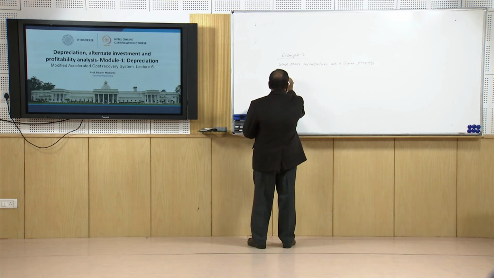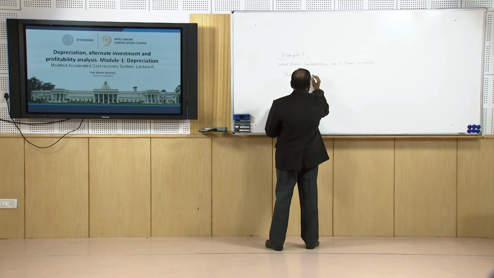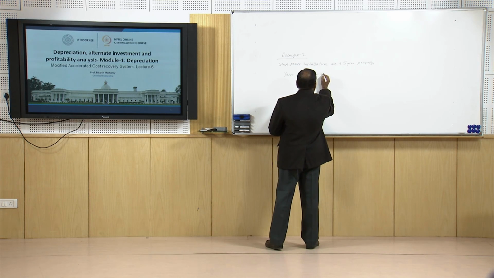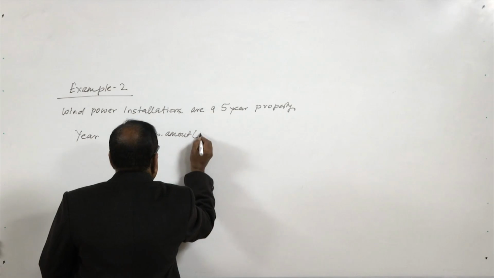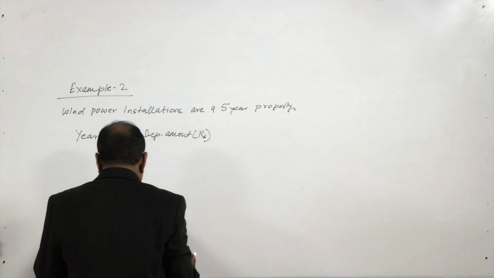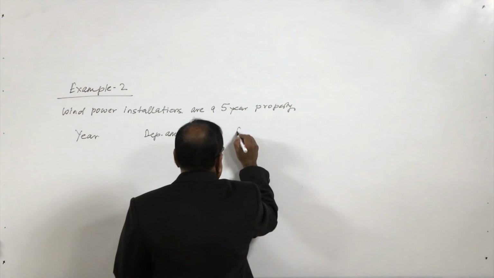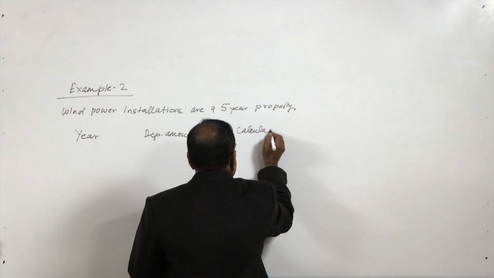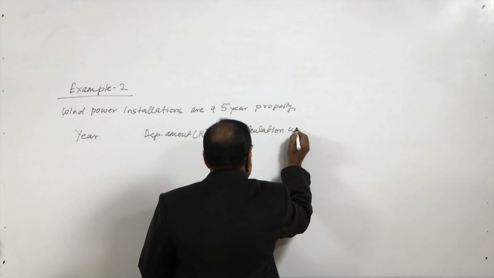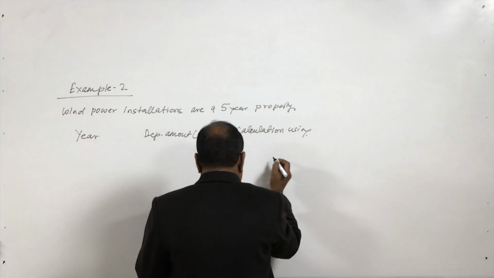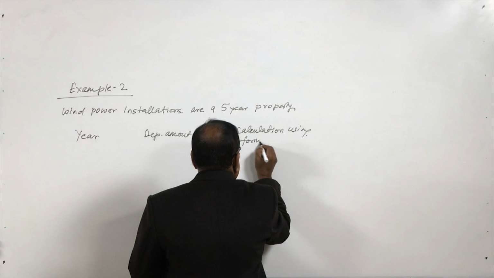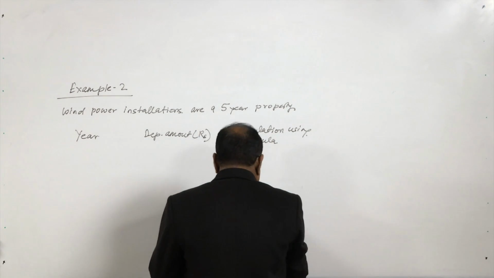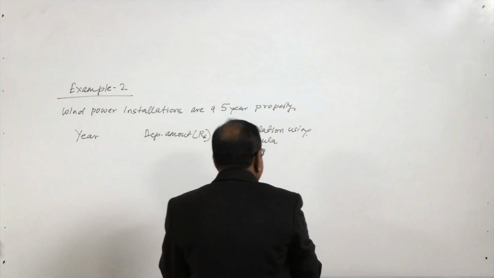Now, we write the year, depreciation amount in rupees, calculation using formula and then calculation using table.